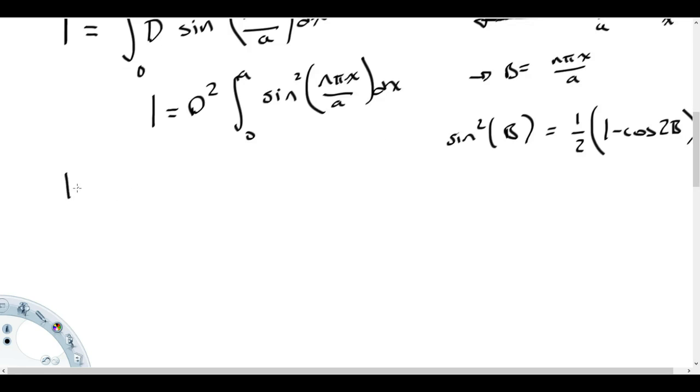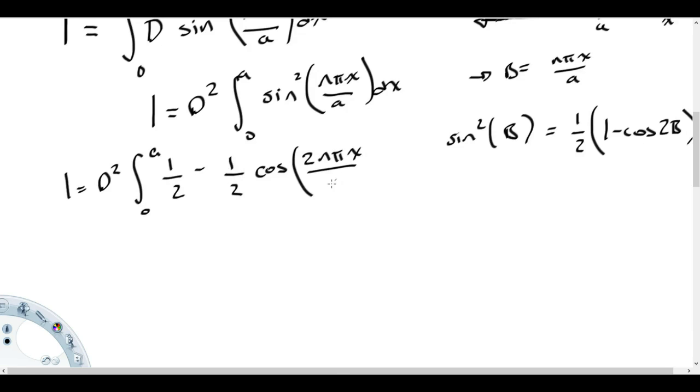Hence, we can substitute this in. And then expanding the half onto both of these terms, we get half minus half cos 2b, which is 2n pi x over a dx.